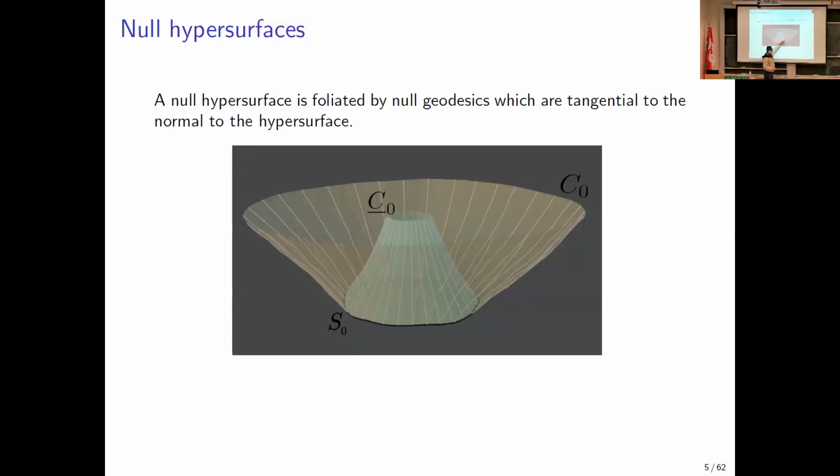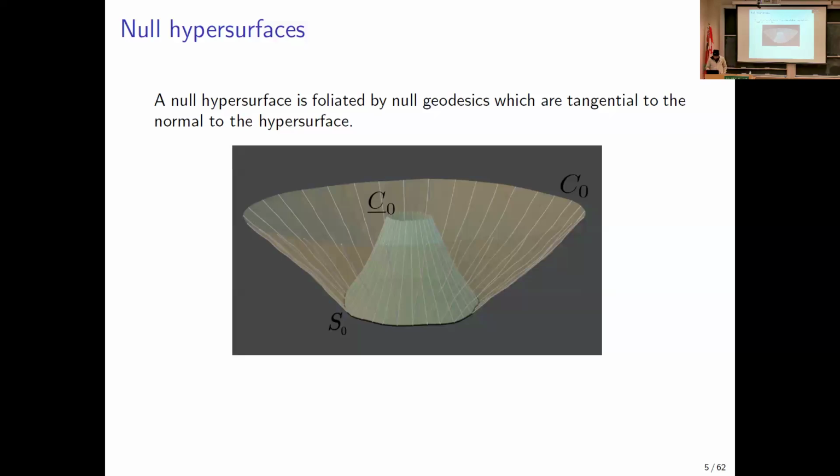So it's a null, normal, geodesic congruence, generating or emanating from the points of S0. And that one is basically the outgoing, and the other one is the incoming. And for any such section, there are precisely two such null congruences, which are normal to S0.